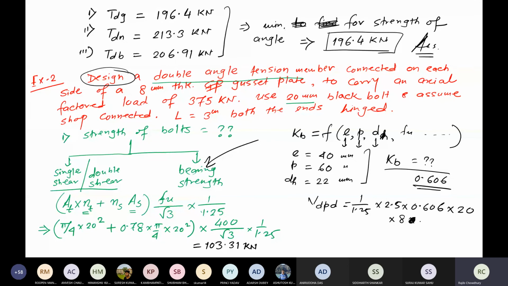Is there any other thing to be added up? 2.5.